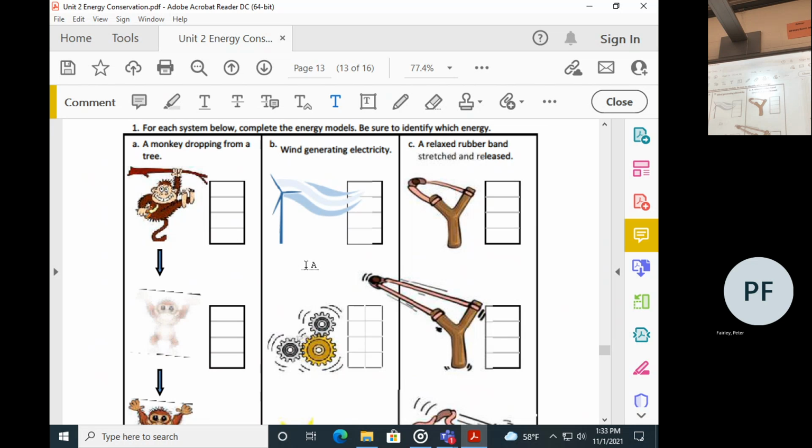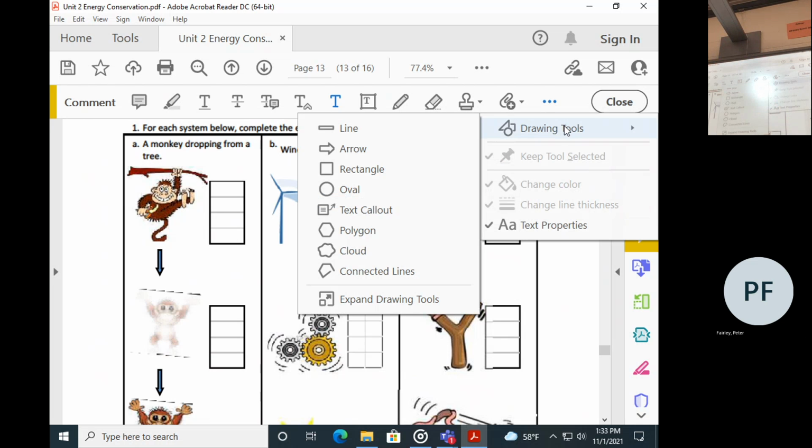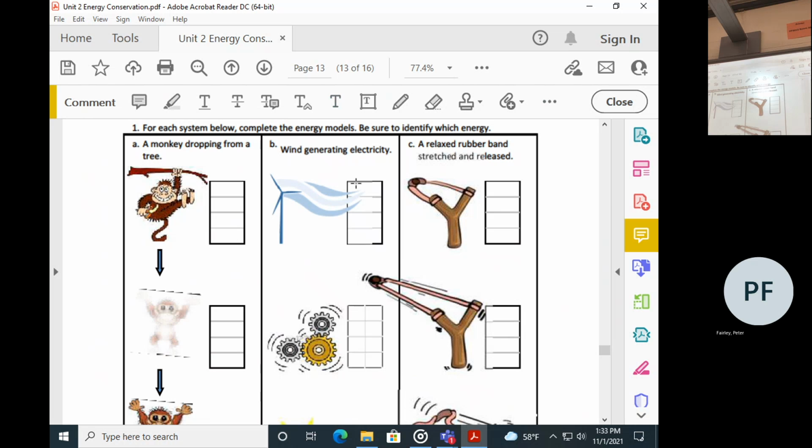And we're trying to convert that kinetic energy into electricity. And it takes a series of steps for these conversions to occur, right? And of course, energy can't be created or destroyed, but it can be converted, huh? So to start with on this one, all the energy is going to be kinetic.